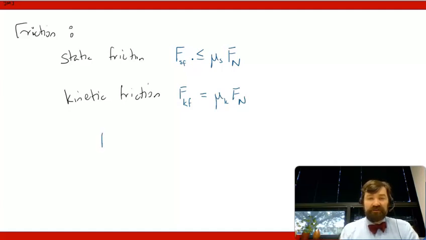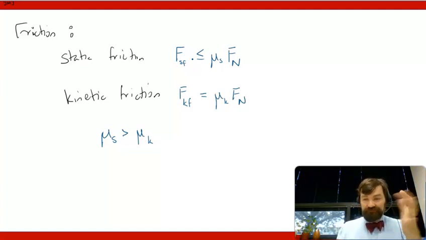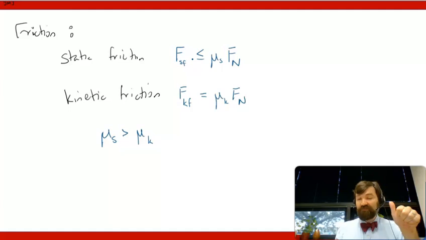But the key thing here is that we know that the static friction coefficient is larger than the kinetic friction coefficient, which means that the static friction can give us more total friction force than the kinetic friction. That means that if you're rolling without slipping, you end up with the biggest possible friction force. That's the biggest force to help accelerate you if you're using that force to accelerate.